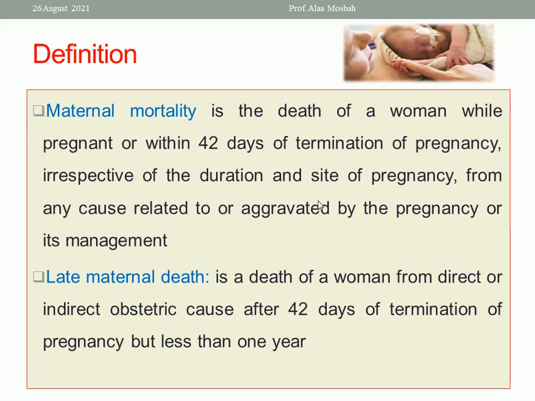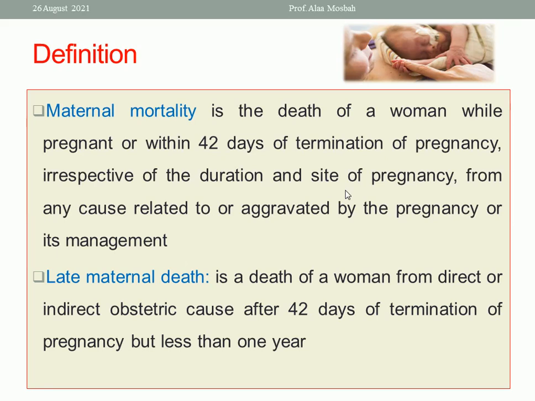Also, the pregnancy may be intrauterine or extrauterine, like ectopic pregnancy. So, that's why in the definition, irrespective of the site of the pregnancy, and also irrespective of the duration of the pregnancy. And the mortality may happen during pregnancy or after delivery in the period of puerperium within 42 days of delivery.